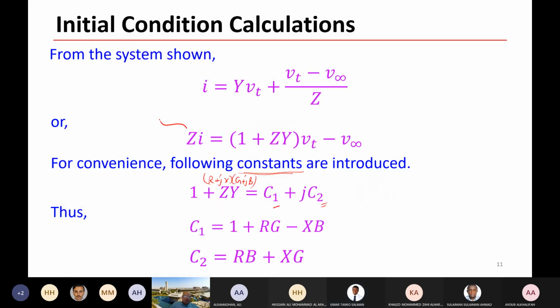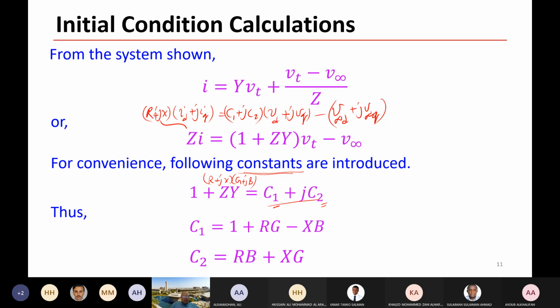And here, this is R plus jX multiplied by ID plus jIQ. This is equal to (1 plus ZY), which equals C1 plus jC2, and VT is multiplied: VD plus jVQ, and minus V infinity, which is V infinity D plus jV infinity Q. So you can have the real parts together and the imaginary parts together.